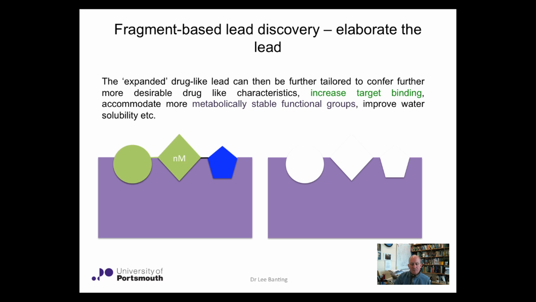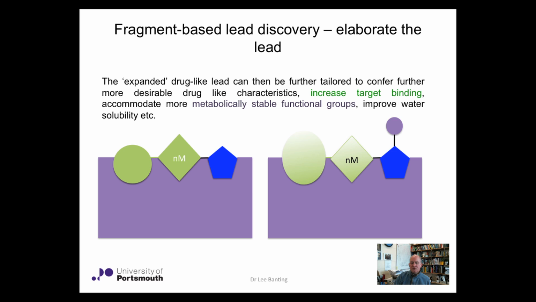So here is our nanomolar lead compound. We may have to increase the target binding, so change the functional groups slightly, change the fragments slightly, and you can see a shape change indicates diagrammatically that we've done that, and a colour shift.